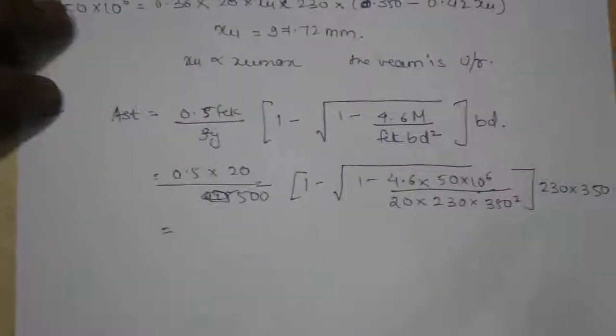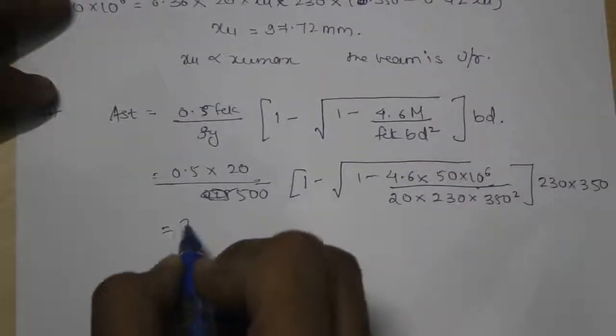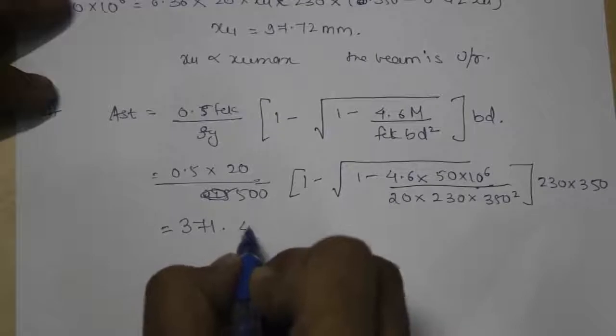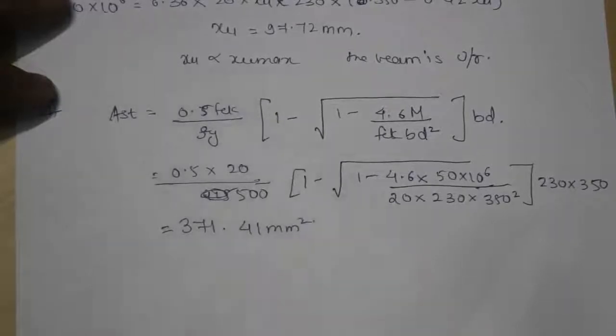So if we put all of this on the calculator, you'll get the value as 371.41 mm square.